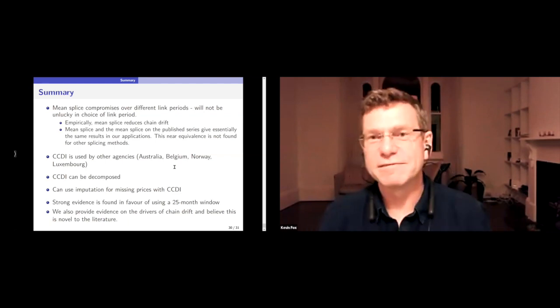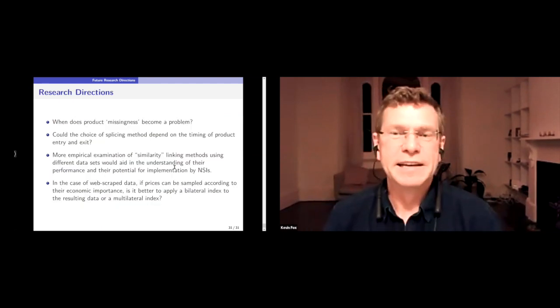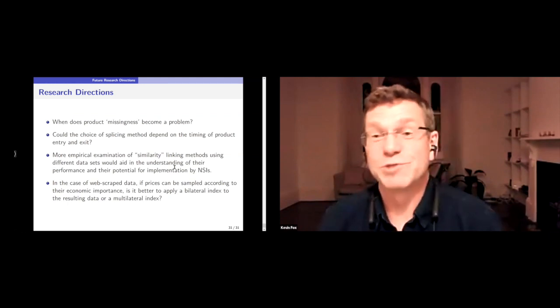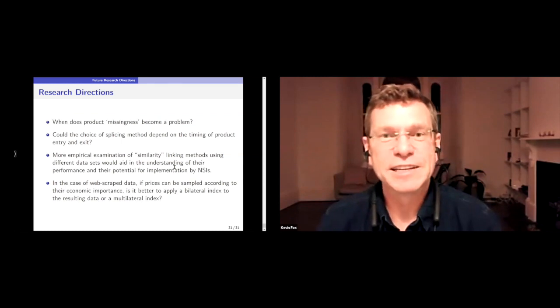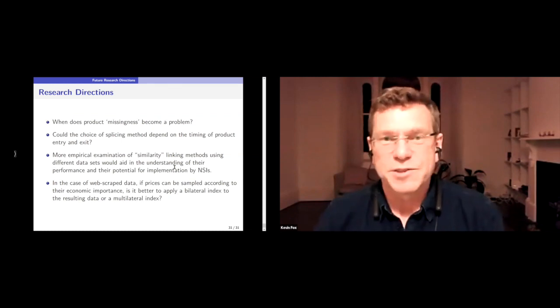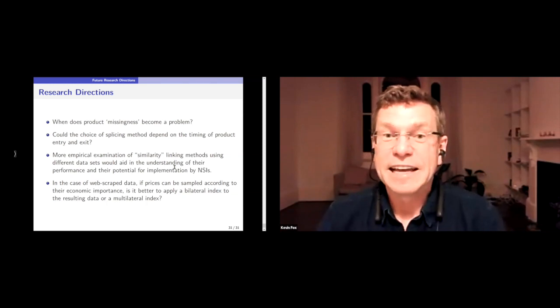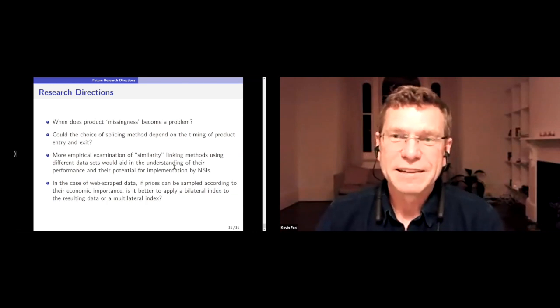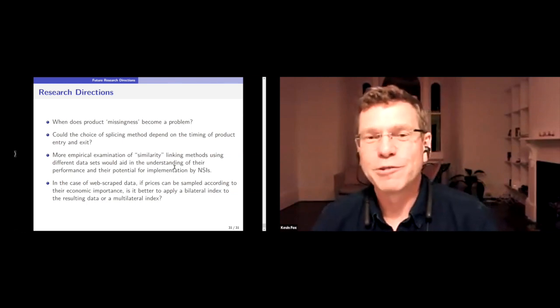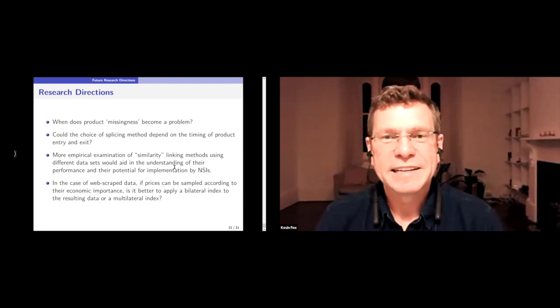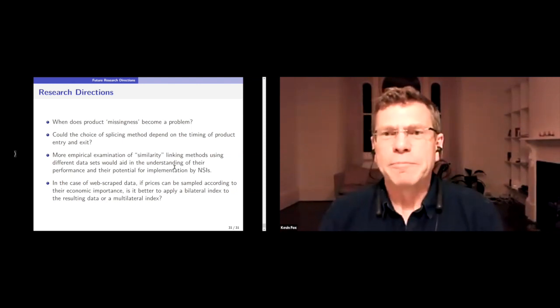Of course, there's lots more that can be done. Lots more research. For example, when does a product missingness become a problem? That is, when should you really consider doing some imputation? Does the splicing method depend on the timing of product entry and exit? There's a whole other approach to linking which we haven't explored here, and that is similarity linking or dissimilarity linking.